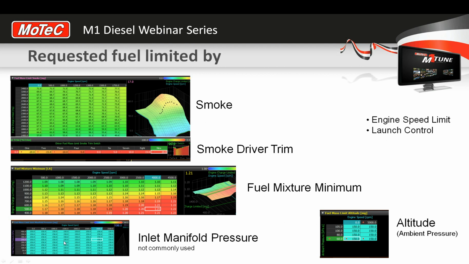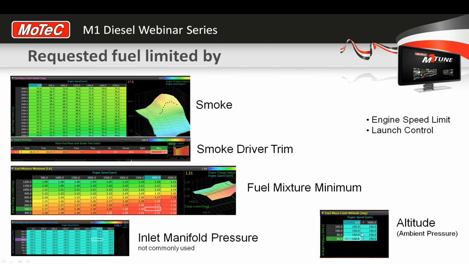And here's an example of numbers you'd put in here. If my mass limit table was 120, so I never want any more than 120 milligrams, then I put a larger number than that, and this will never be used.